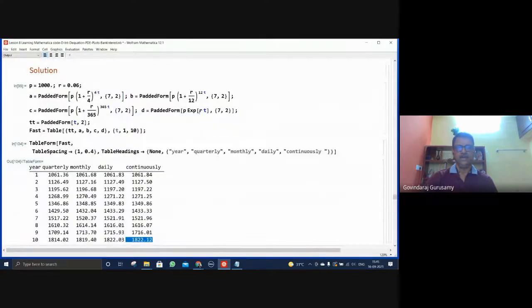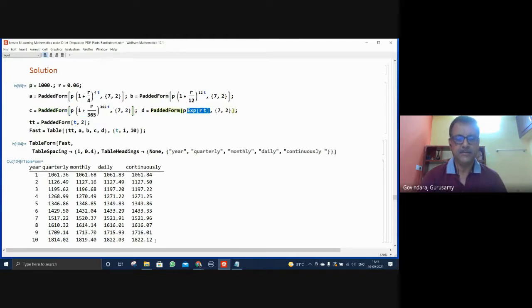But ultimately, this is the possibility: continuous interest if you take P into exponential rt. Do you find something interesting here? What we found are the limits. What is the series expansion or limit now? We have seen a similar kind of expression. Some number is there and a similar thing is here, and you can say that leads to exponential r into t.